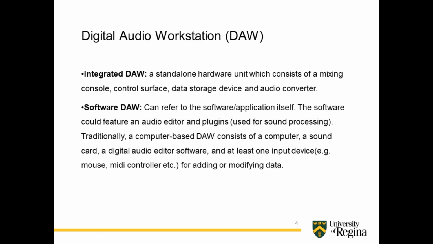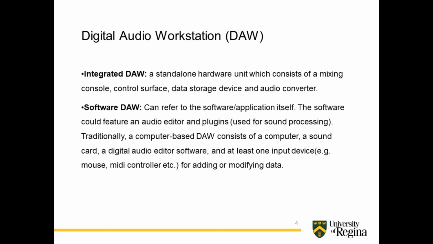Talking about the types of digital audio workstations, we have two types. We have the integrated digital audio workstation, which is a physical standalone hardware unit, and this unit usually has a mixing console, some sort of control surface, a digital storage device, and an audio converter.